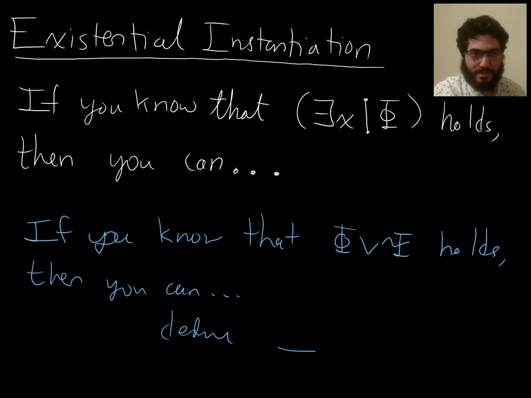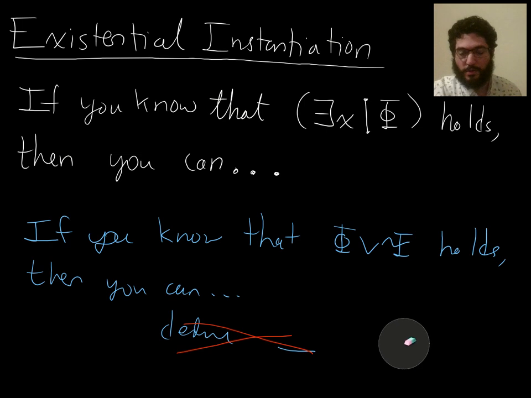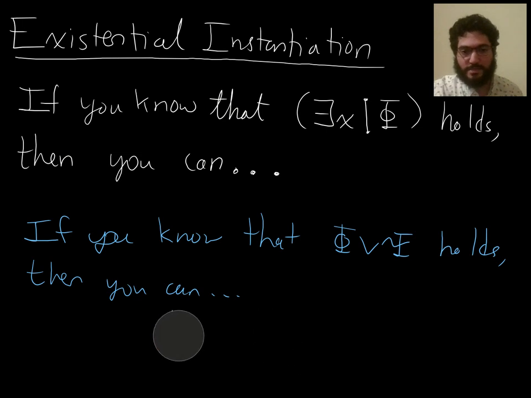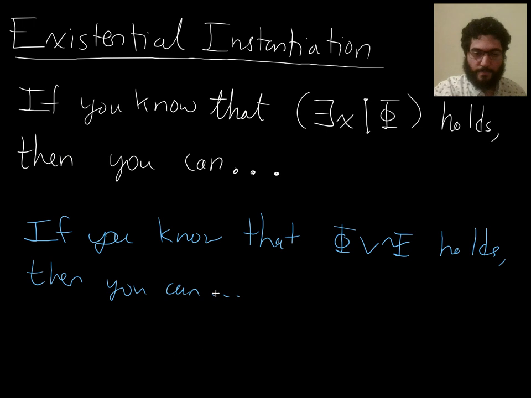So there's nothing like that. There's no one thing you can deduce from phi or psi in the basic rule for how you can use an or. So what was it instead? It was proof by cases, and it worked like this.